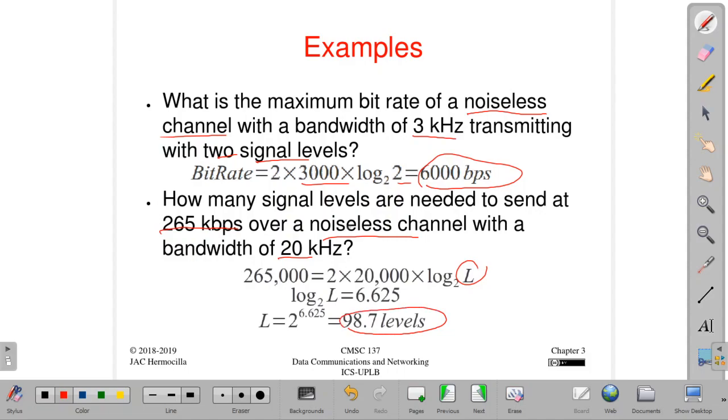So given these characteristics, we need 98.7 levels to achieve this. That is quite large, and it will be very difficult for the receiver to distinguish these different levels.